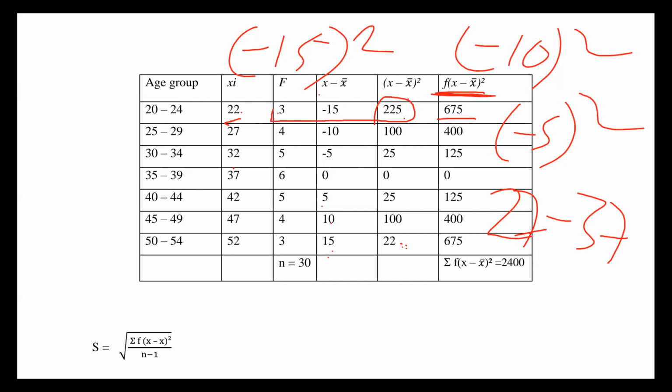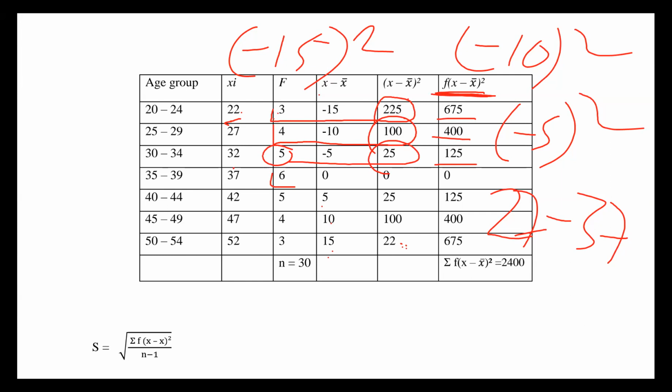Then you have another frequency, 4 times 100, it gives you 400. Another frequency times the 25, it gives you 125. Another frequency, 6 times 0 gives us 0. Similarly, the last one, you do that, and then you are okay.